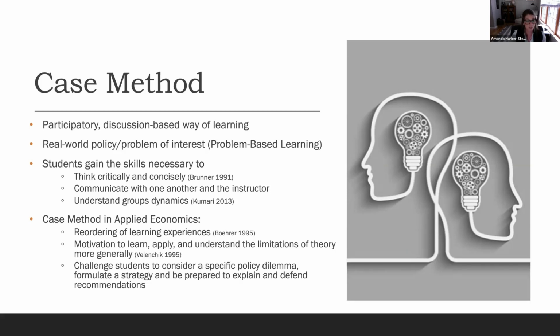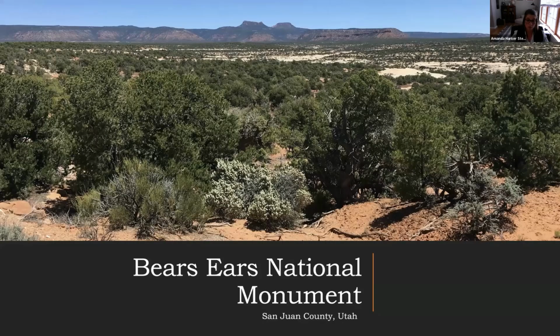For our study, we looked at the Bears Ears National Monument, and we asked students to assess what the net economic value of changes in goods and services would be from changing the size of the Bears Ears National Monument. A little bit of background on the monument itself: it was established as a national monument in December of 2016, and it contained about 1.4 million acres of federally protected land.